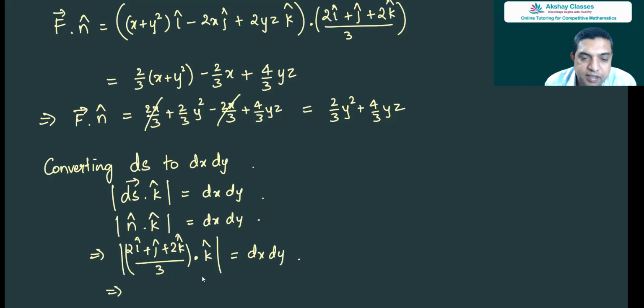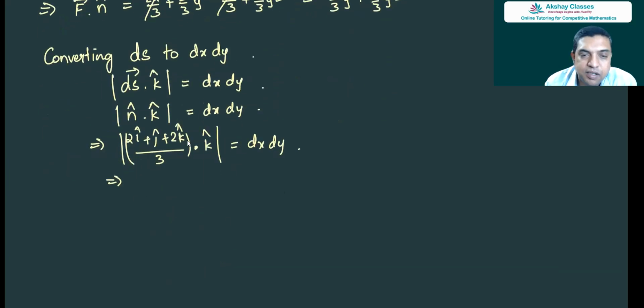So we get 2 upon 3 ds, because ds bar is n cap times ds. All right, ds I'm taking off. So 2 upon 3 ds is dx dy.